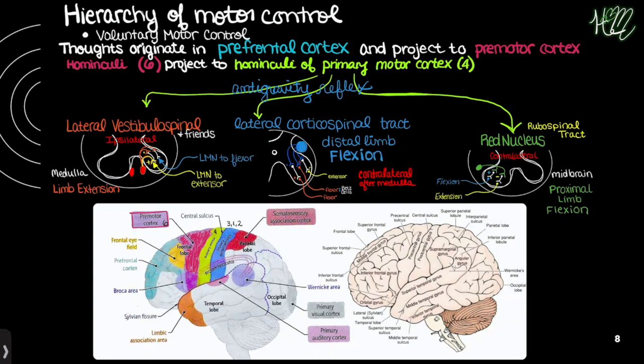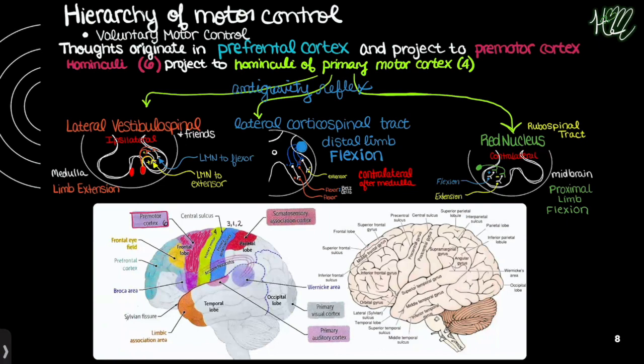And so now how does it carry out that function? Well, we have three different ways that the primary motor cortex is going to modulate our function. We have the lateral vestibulospinal tract, the lateral corticospinal tract, and we also have the rubrospinal tract. So there's three ways that our body manipulates our movements.